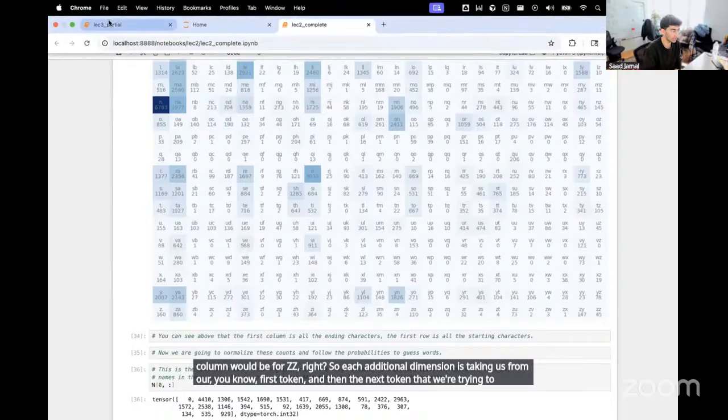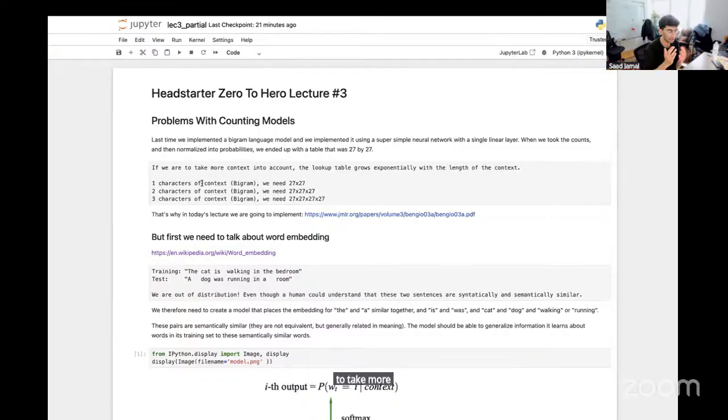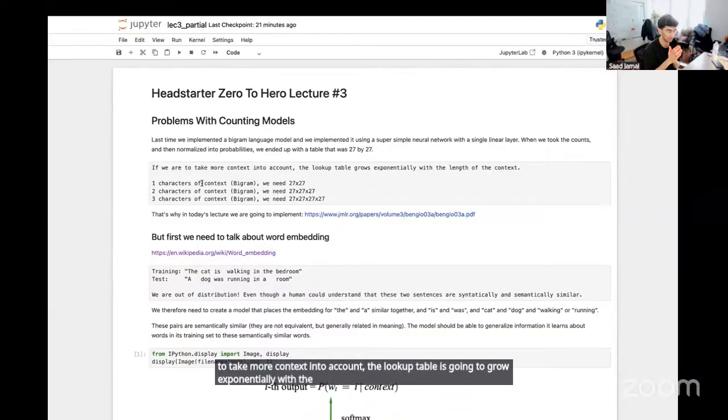Now, obviously, what you'll realize here is that if we want to take more context into account, the lookup table is going to grow exponentially with the length of the context, right? So one character of context is a bigram. We need 27 by 27, 27 letters of input, 27 letters of output. And then if we have two characters of context, we have to have this cube shape, right?